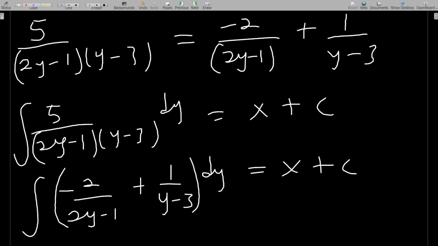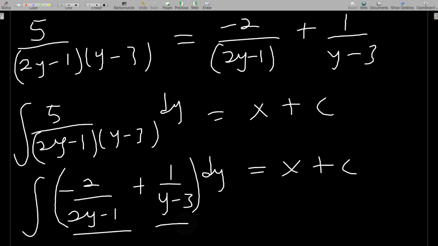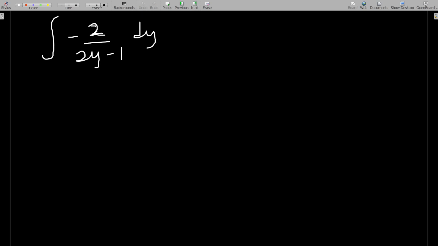Now you have to integrate them term wise. The first part is the integral of minus 2 over (2y minus 1) dy. Since we have this plus this, I can take them term wise and integrate them. So you have minus the integral of 2 over (2y minus 1) dy.